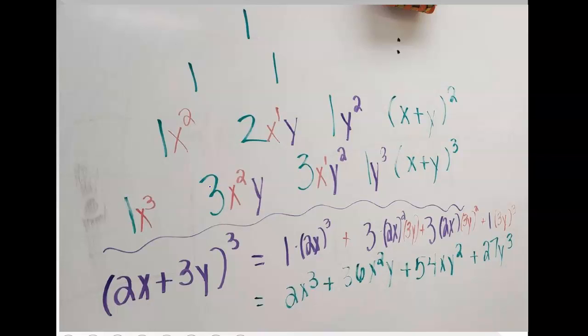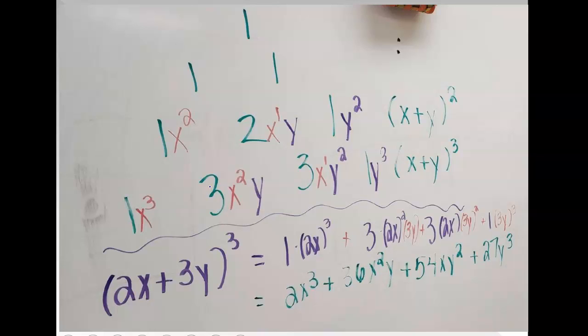Starting over here, it would be 3y cubed, 3y squared, 3y, all to the 0.